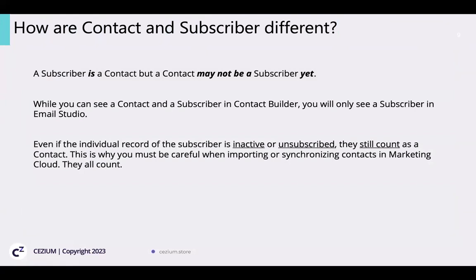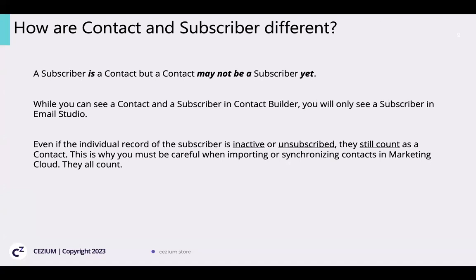So, this is a small recap. The subscriber is a contact, but the contact may not be a subscriber yet in Salesforce Marketing Cloud. Again, you can have the contact in Salesforce CRM with an opt-in date, an active opt-in, and you could, from a business view, consider it as a subscriber, but in Marketing Cloud, it will not be.